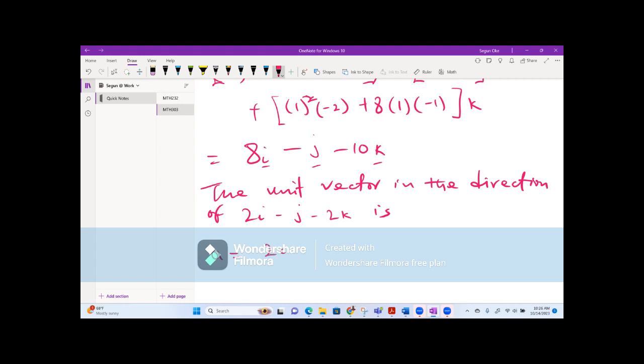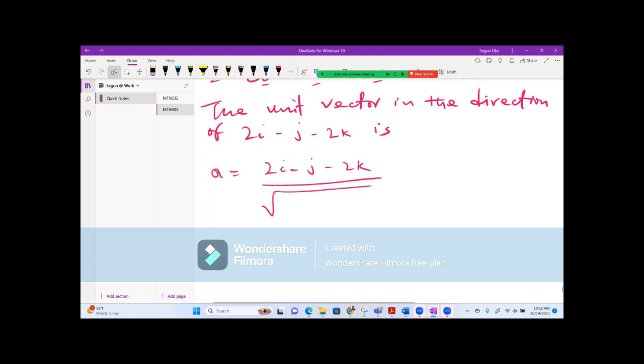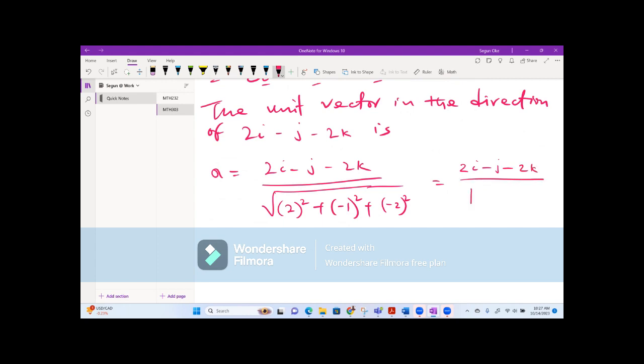A is going to be 2i minus j minus 2k divided by the square root of the entire a, which will be 2 squared plus minus 1 squared plus minus 2 squared, the coefficients of each of them. So when you find the square root, what do you have? 2i minus j minus 2k over the square root of 9. When you add this together, it will give you 9.